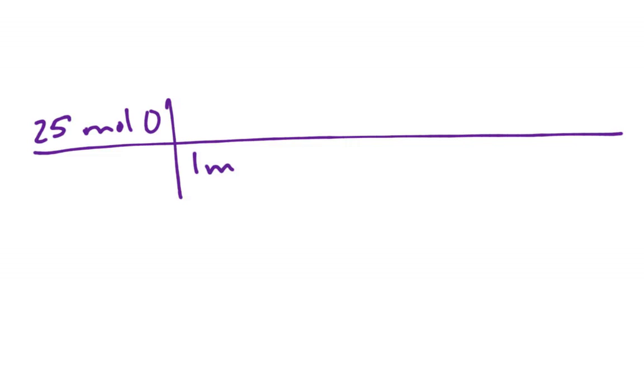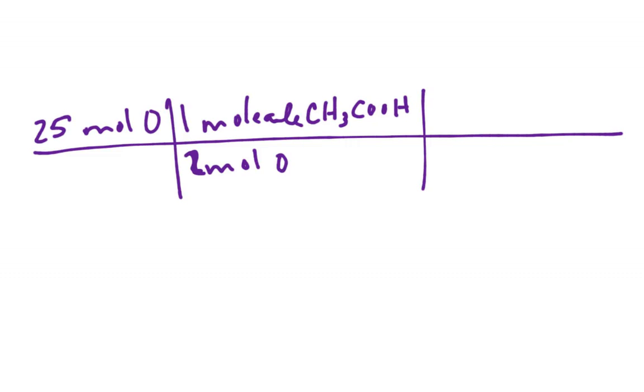In 2 moles of O, I have 1 molecule of CH3COOH. Right? See, I've got my 2 O's here. So in 1 molecule of this compound, I have 2 oxygen moles.